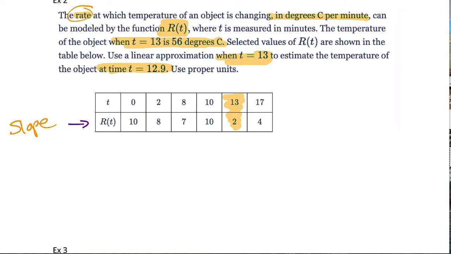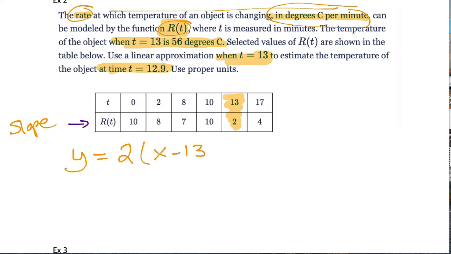Remember, it's a rate. A rate in degrees Celsius is R of T, so that's a slope. So if we were going to write the tangent line for this, we'd write y equals 2, which is the slope, x minus 13 plus 56.